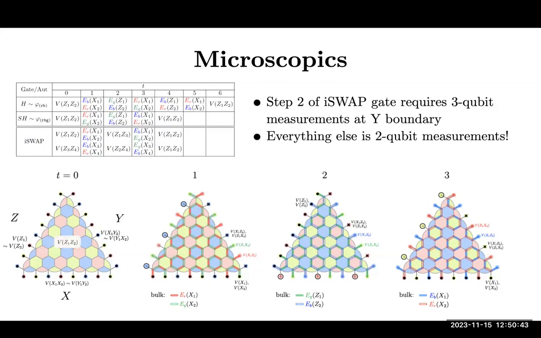Otherwise everything is still a 2 qubit measurement. So it's very friendly to an architecture where 2 qubit measurement is the native operation. In the previous geometry, where you weren't using the tortilla chip, it was all 2 qubit, but you couldn't get all of the gates. You need the boundary set.